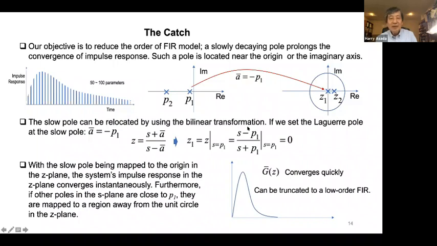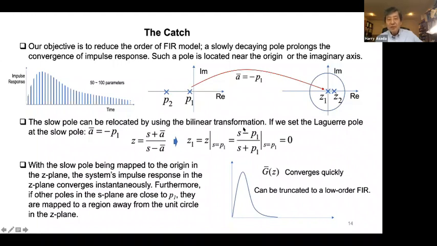If we set the Laguerre pole at the slow pole itself, let's confirm where it goes. We use the transformation, right? Now we set A to be minus P1. So putting this here, S minus P1 over S plus P1, right? What we'd like to do is move this particular point P1 to a certain point.